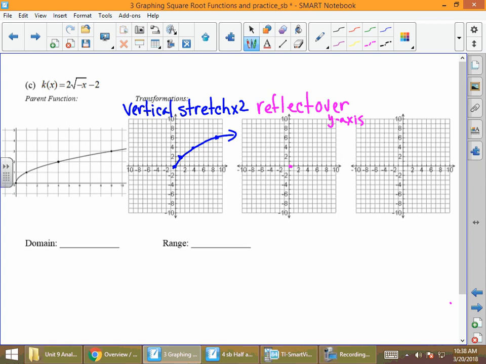But 1, 2 is going to become negative 1, 2. 4, 4 is going to become negative 4, 4. And 9, 6 is going to become negative 9, 6. So there's the reflection over the y.